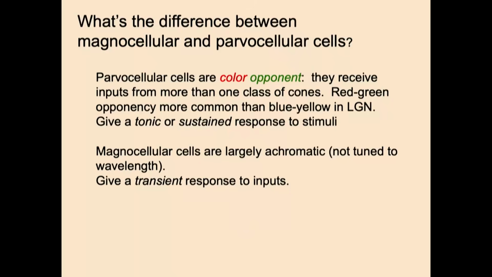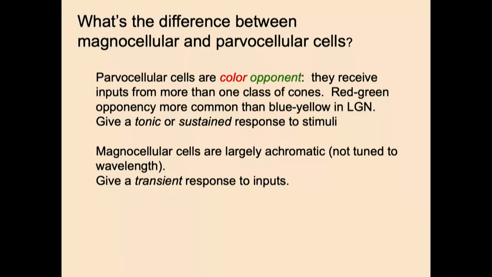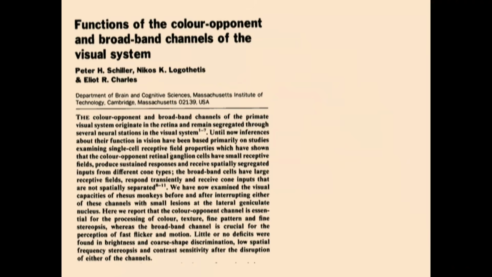So they tend to respond over extended periods of time. Whereas magnocellular cells, by contrast, are achromatic, so they tend to not have information about wavelength, and they give transient responses to inputs. Okay, so these were physiological differences that were observed. And several decades ago, here in this department, the Department of Brain and Cognitive Sciences, Massachusetts Institute of Technology, this piece of research was done by Peter Schiller.